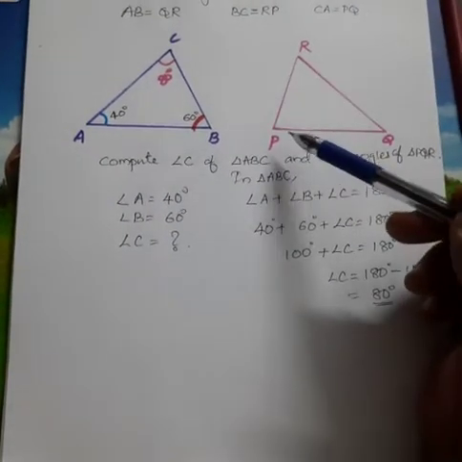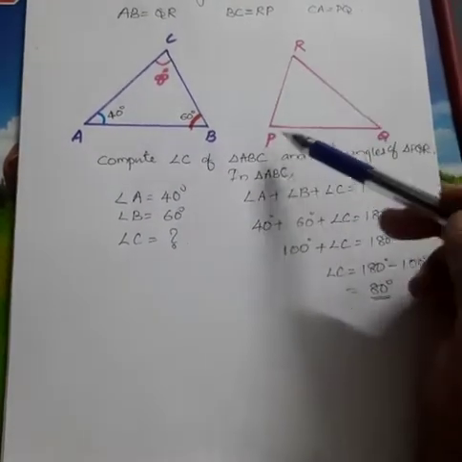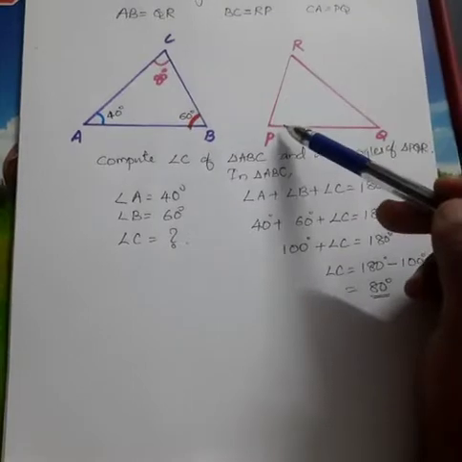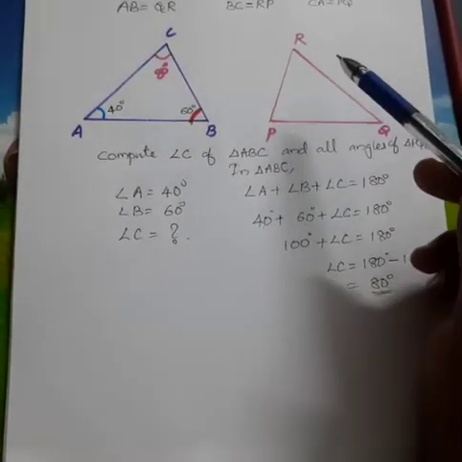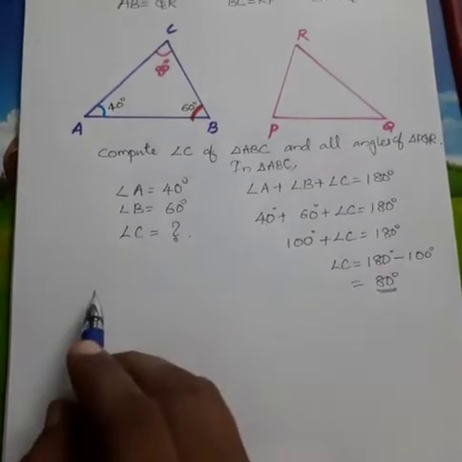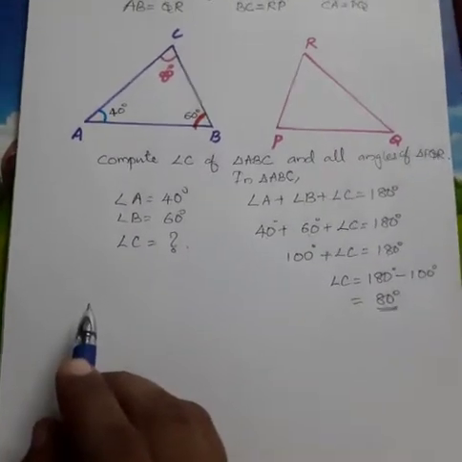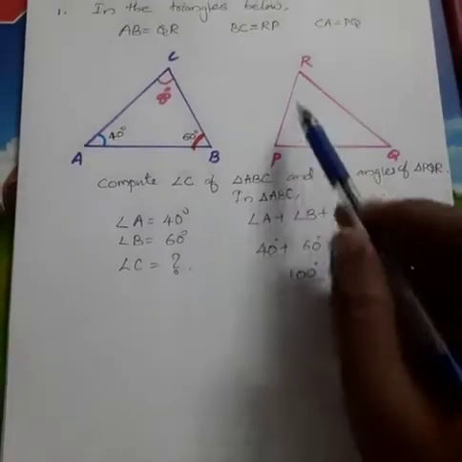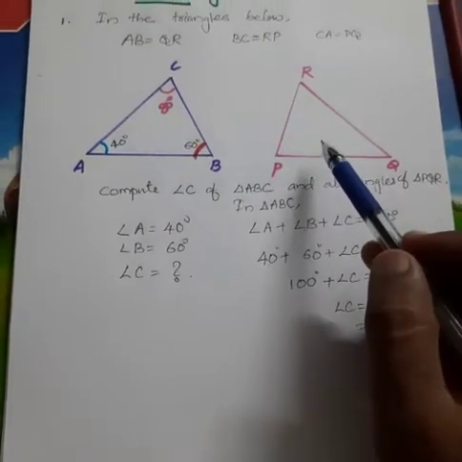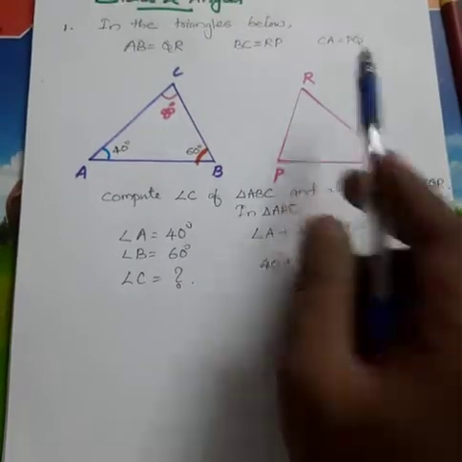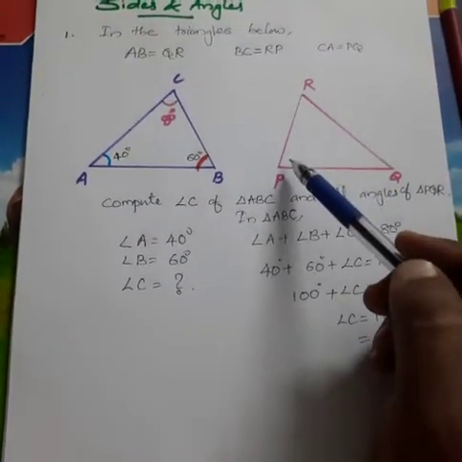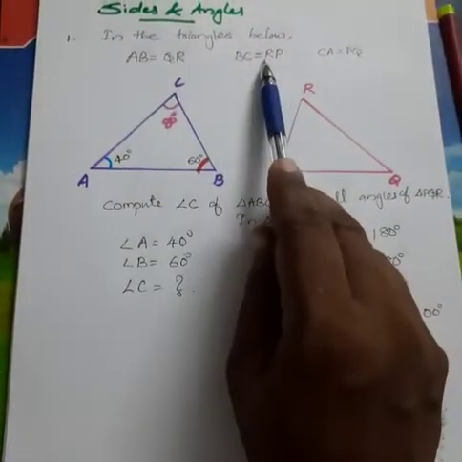Next we have to find the angles of triangle PQR. We have to find angle P, angle Q and angle R. So consider the second triangle. How will you find this? We already studied that if the sides of a triangle are equal, then the angles opposite to those sides are equal.